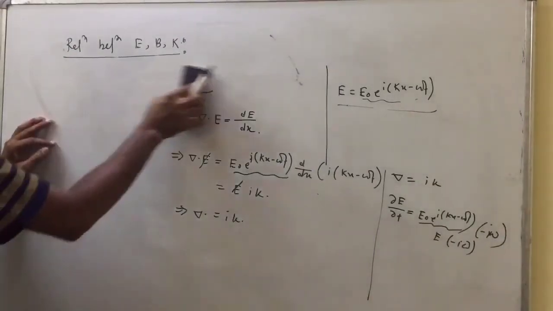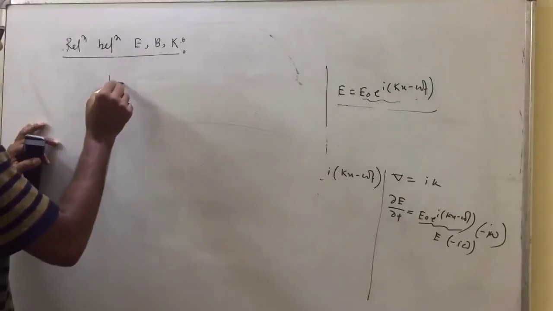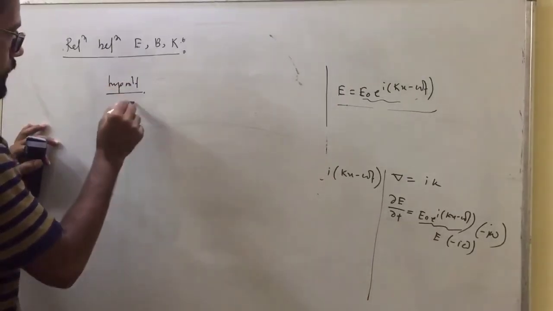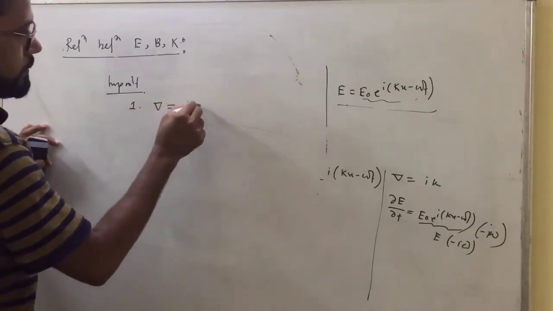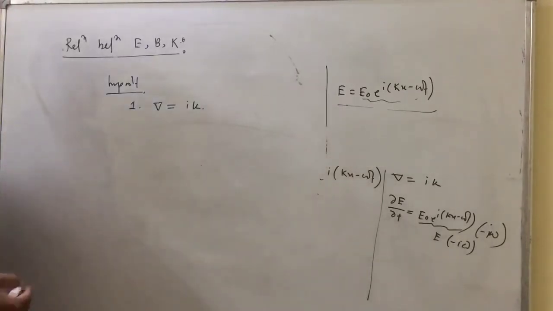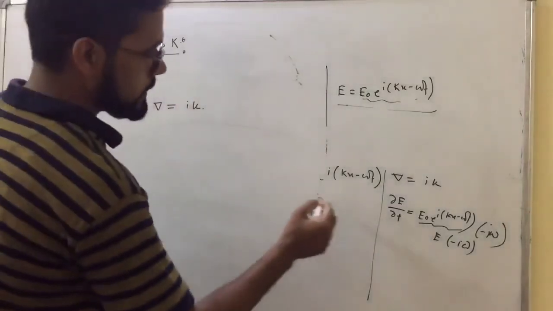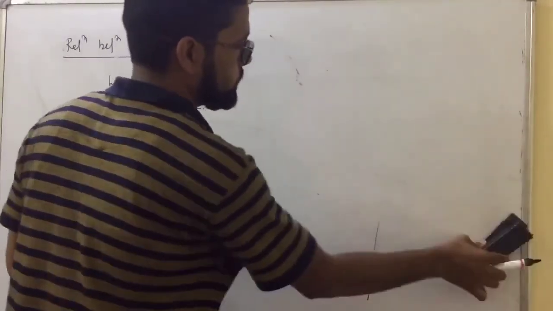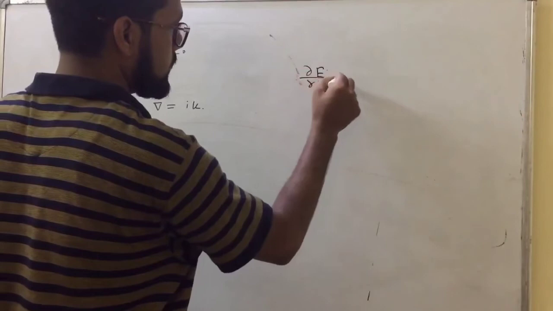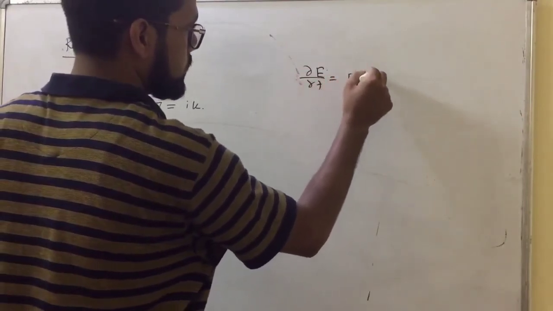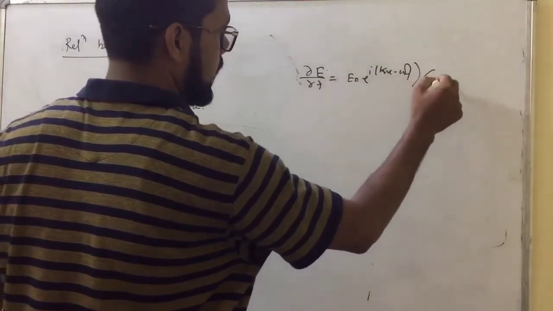So the first important point: del is always equal to ik. Remember, once I find del, I will replace del with ik. Similarly, again I am telling you, del E by del t equals E naught e to the power i(kx minus omega t) times minus i omega.